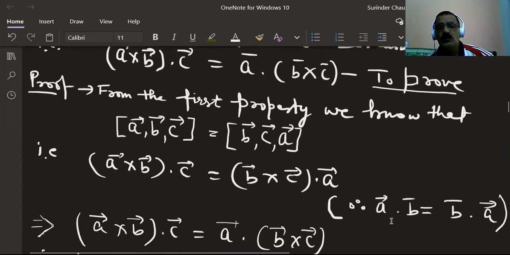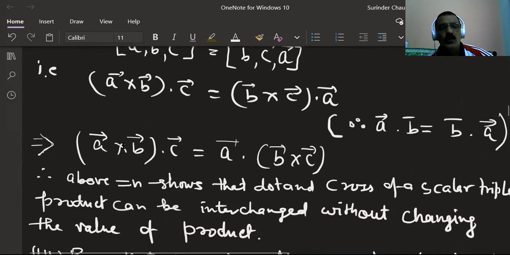We know that the dot product of two vectors commutes. The right-hand side: if we take two vectors, we get again a new vector. These are two vectors, and their dot product commutes. So we can write this as A dot B cross C.